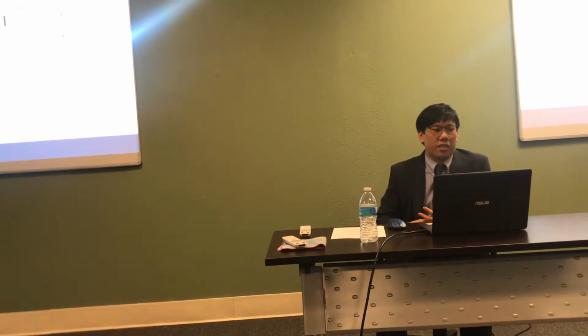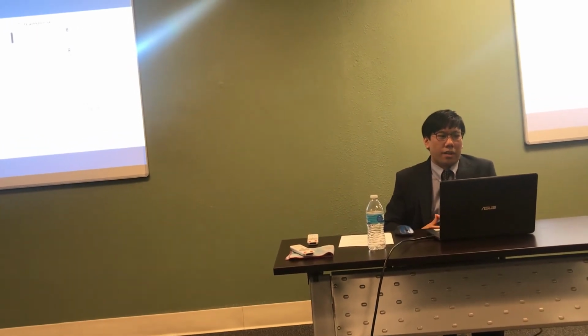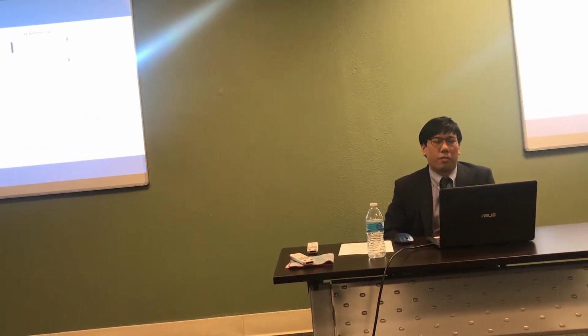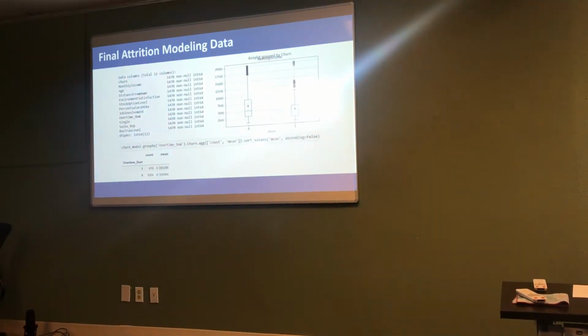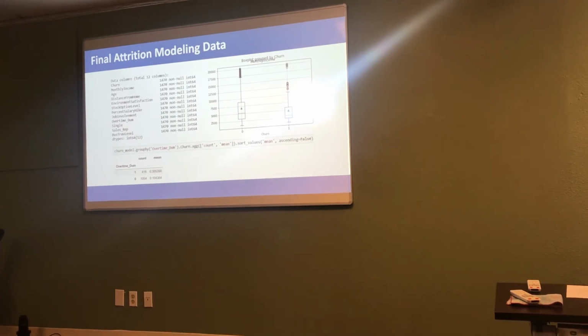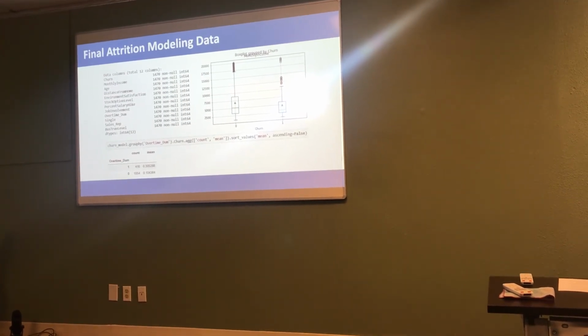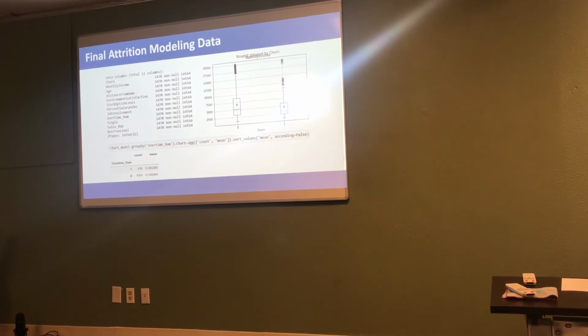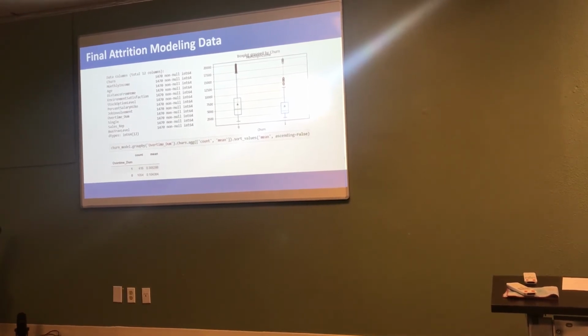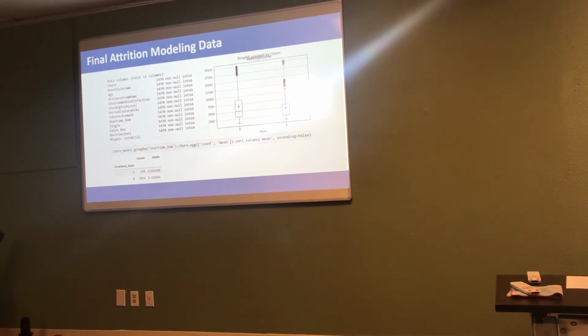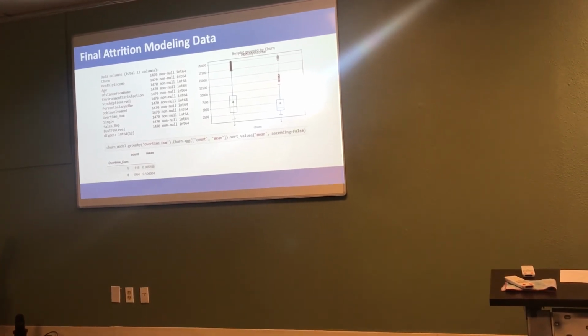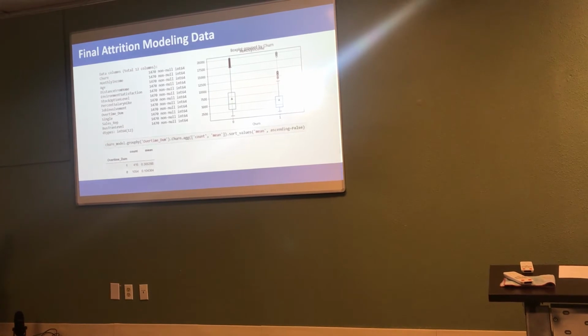So that provided me the final attrition modeling data where, if you're wondering where churn came from, churn is the same as attrition, but churn is just the dummy 0-1 variable version of attrition, and the rest are all these predictor features, the 11 of them I picked for the classification models.